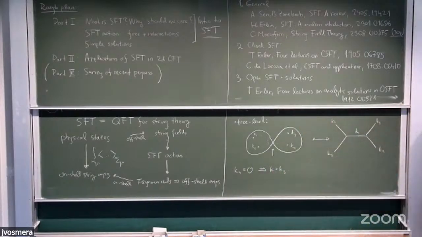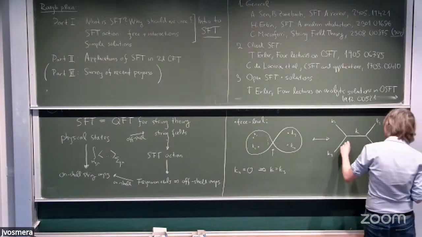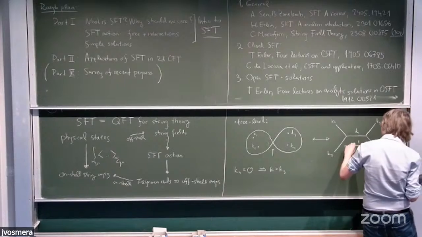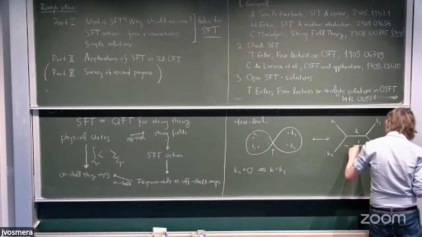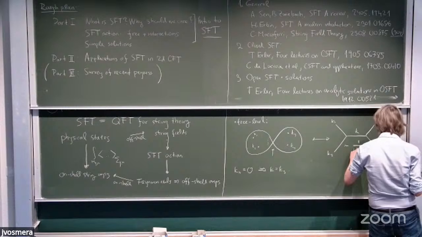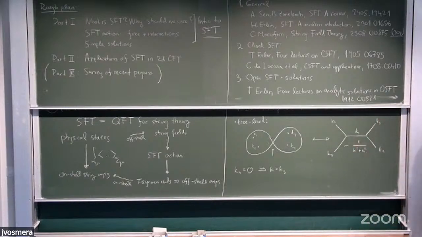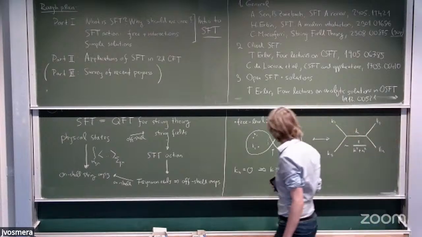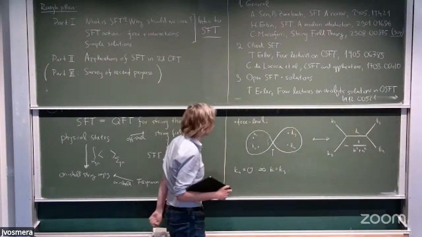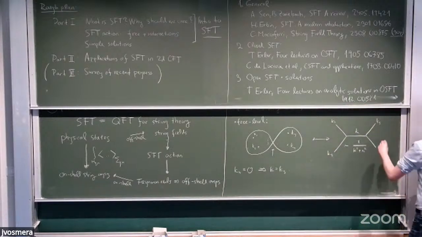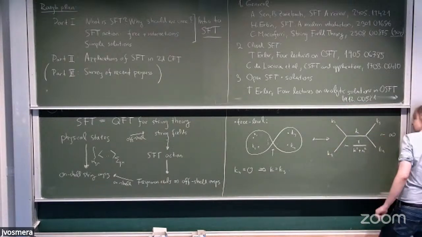But K3 is on-shell. And since we know that this propagator in the middle, in a completely generic theory, should go roughly as 1 over K squared plus m squared, you see that in the case where K4 goes to 0, this propagator is forced on shell, and we obtain a divergence.